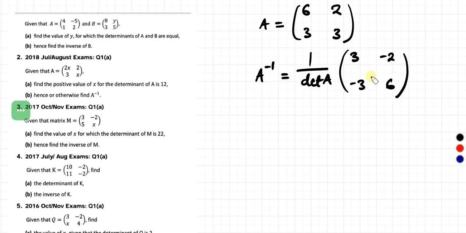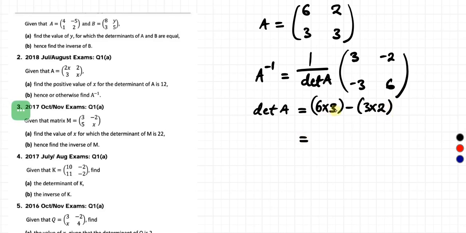Then after you do that, what you're going to do is to first find the determinant of A, where you say, okay, determinant of A is going to be, I said you multiply this times this, so it will be 6 times 3, minus 3 times 2, like that.